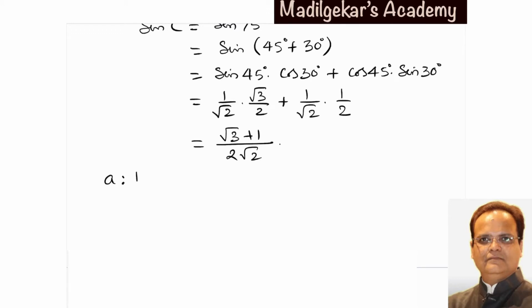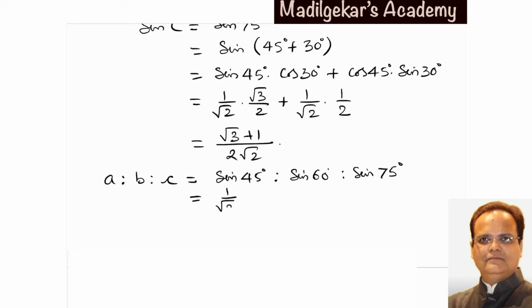So we have a is to b is to c equals sine A is to sine B is to sine C, means sine 45 is to sine 60 is to sine 75.